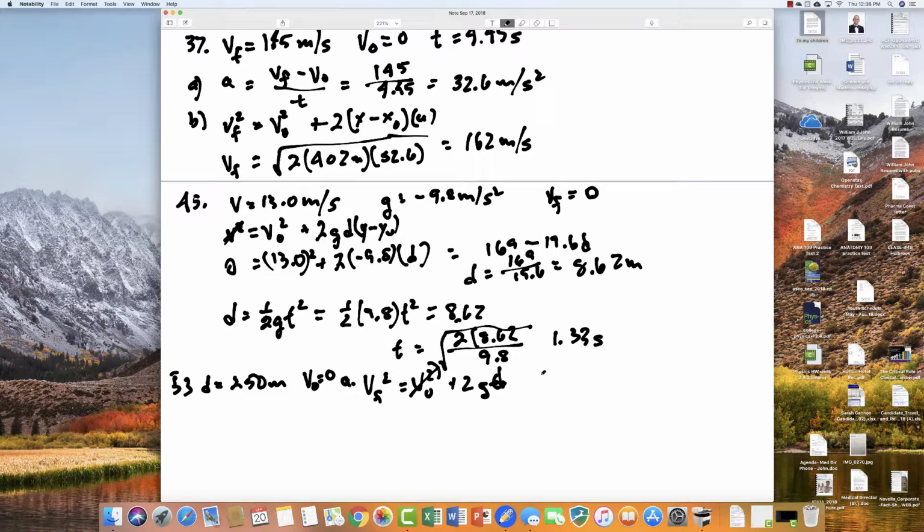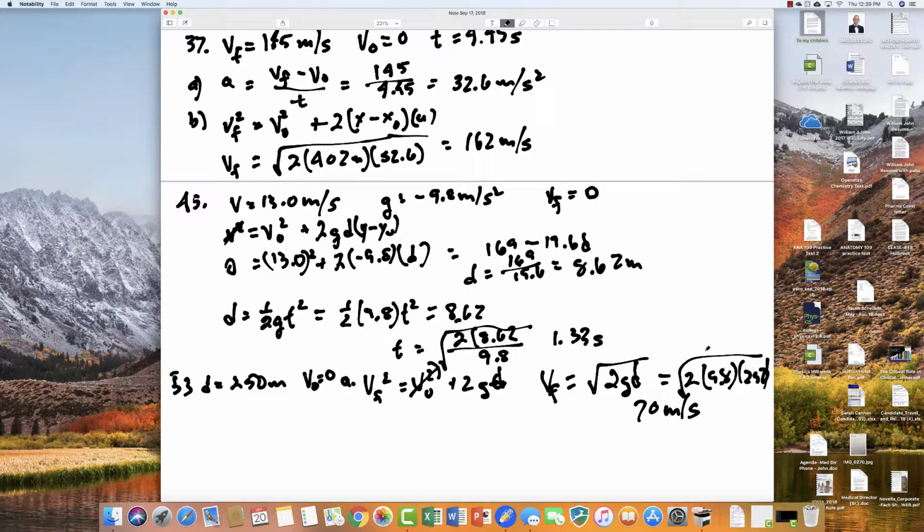So Vf is going to equal the square root of 2 times g times d, or 2 times 9.8 times 250, the square root of that, and the square root of 2 times 9.8 times 250 is 70 meters per second.